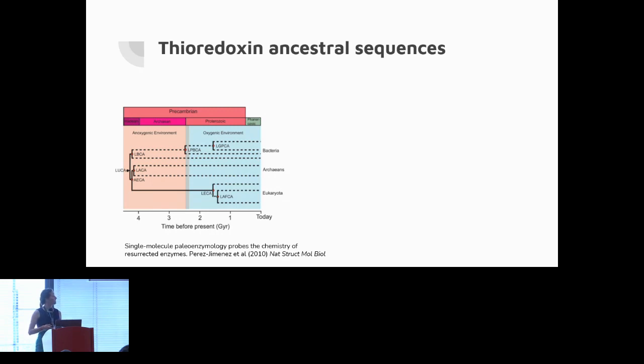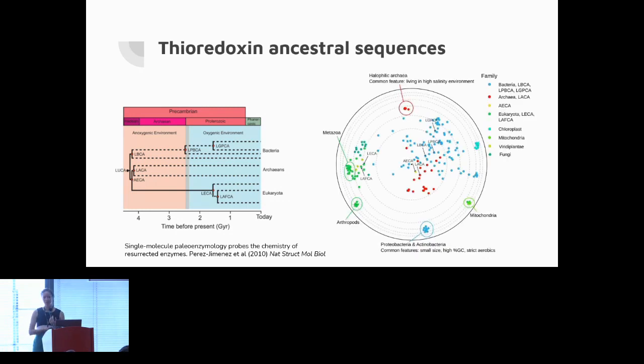You can see that the earliest stage would correspond to a theoretical LUCA, which we don't have, but we have the last bacterial common ancestor, LBCA, the last archaea common ancestor, LACA, etc. And if you take the same sequence alignment as the authors did and put it into the Poincaré map, it will produce the following projection.